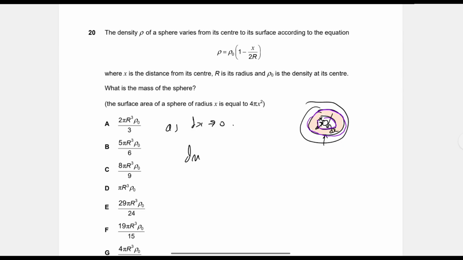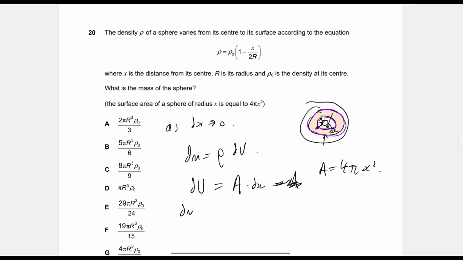So we can say that dm equals rho dV, where the volume dV is the surface area times dx. And the surface area of a sphere is 4 times pi times its radius squared, so that's x squared.